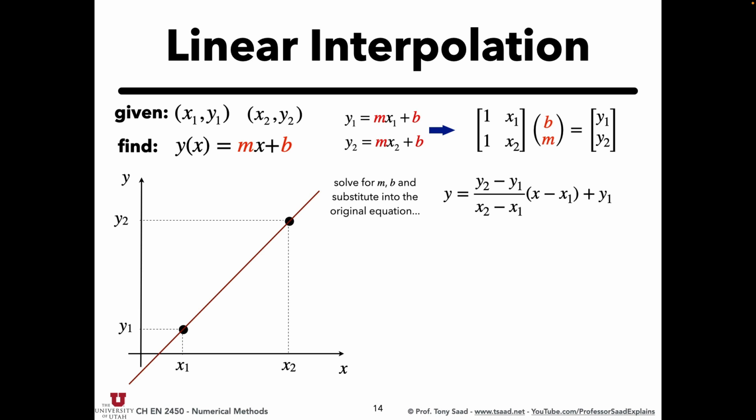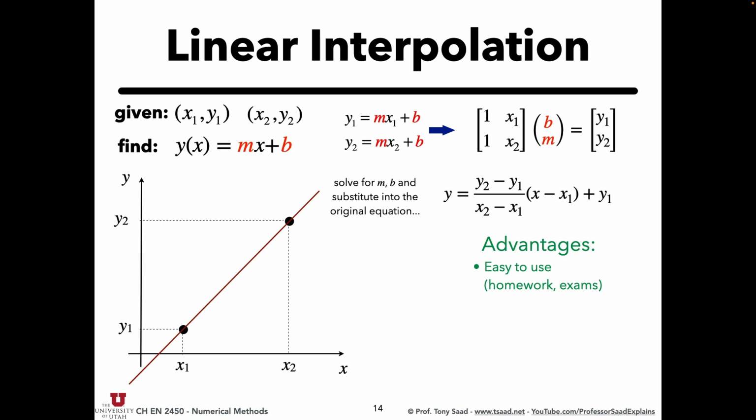Okay? So in the temperature and hour of day example, x1 was 12 o'clock, x2 was 2 o'clock, y1 was 86, y2 was 89, and x, the unknown, was 13.28 hours, right? And y was the temperature value. This is super easy to use.